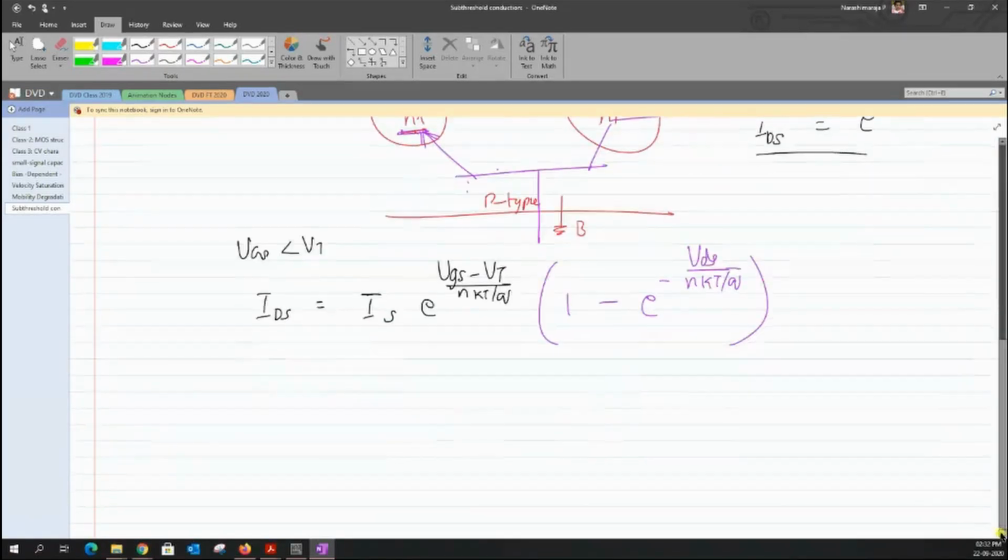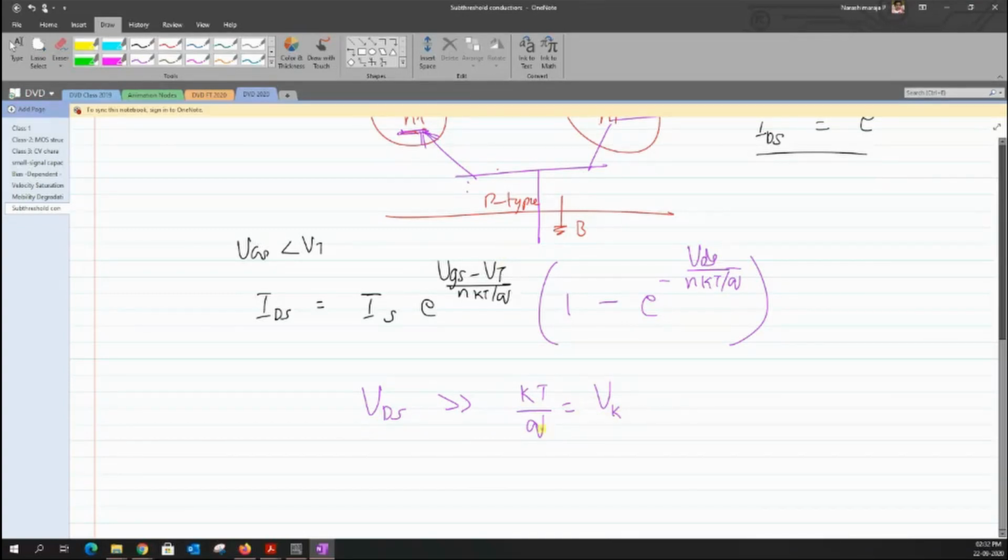And right now, if the value of this VDS is much greater than the thermal voltage, which is nothing but kT by q, maybe I could write it as VK. So we will use VT for representing the threshold voltage and VK for representing the thermal voltage.